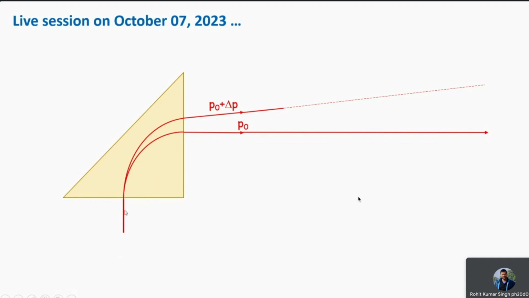Before entering the magnet, these orbits were coinciding, meaning this particle was also traveling nicely on the design path. Now the bending magnet separates its trajectory here. Similarly will be the case for p0 minus delta p, meaning a lower momentum particle. Initially all three particles were on the design trajectory, but as these particles pass through the dipole magnet, it separates their trajectories.